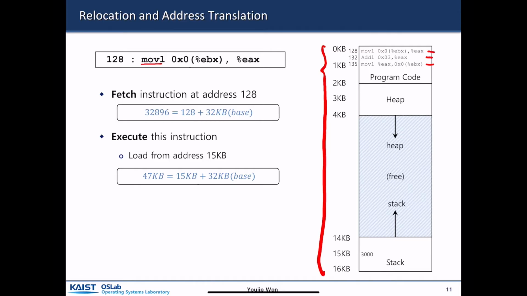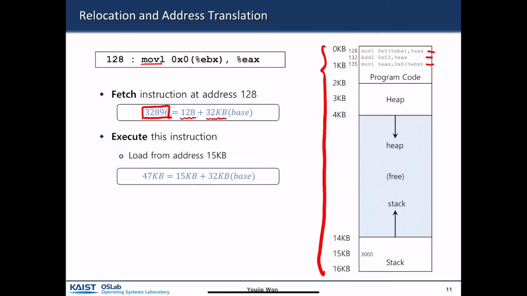So the first thing the operating system has to do is fetch the instruction at address 128. This address translation is performed by taking the offset 128 and adding the base register value to the given address. It results in 32,896. So this is the physical address of the first instruction it needs to fetch.